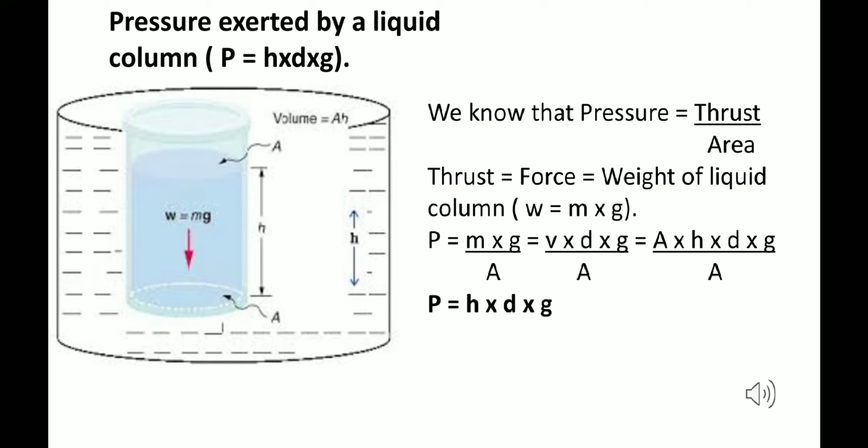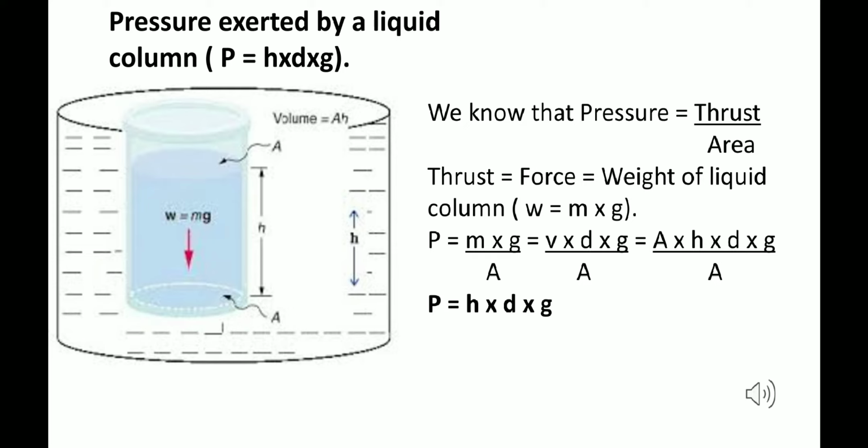Force is the weight of that body. So here the weight of this body is mass into acceleration due to gravity because of the water column. So weight will be taken here as mass into gravity, that is the force. So according to the formula, pressure is equal to mass into gravity upon area. This will be the pressure at this point.